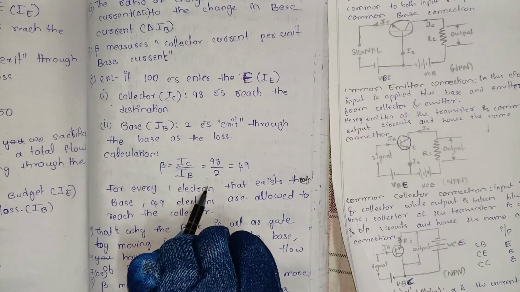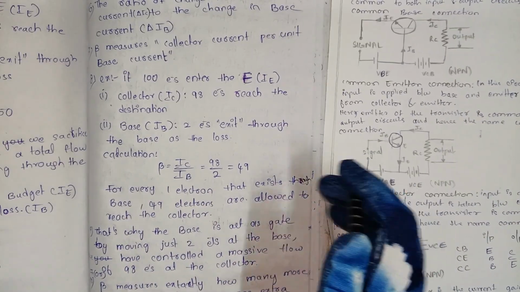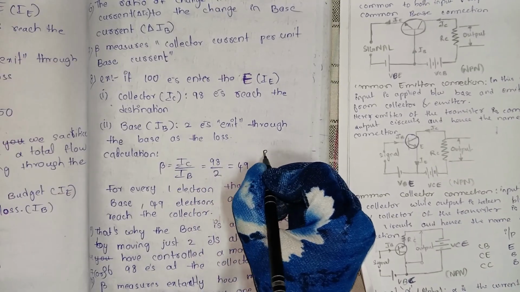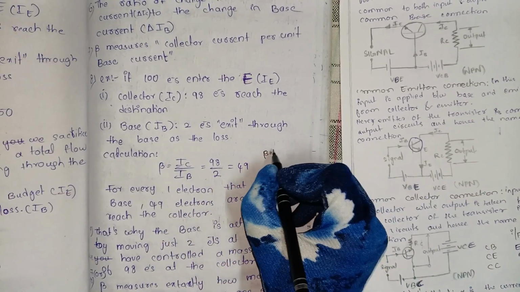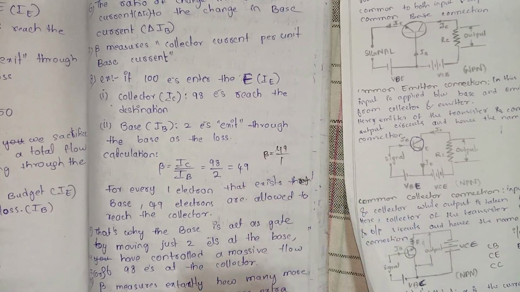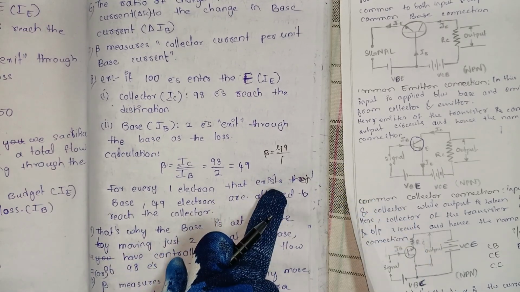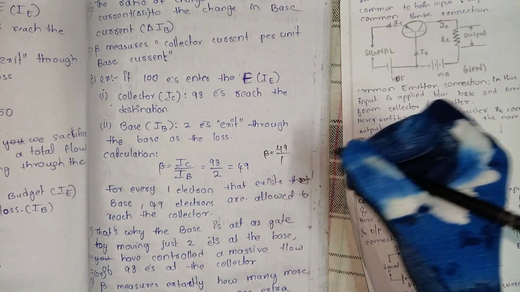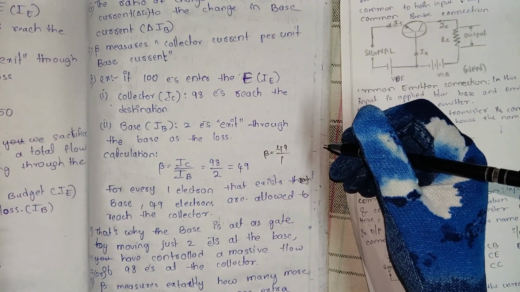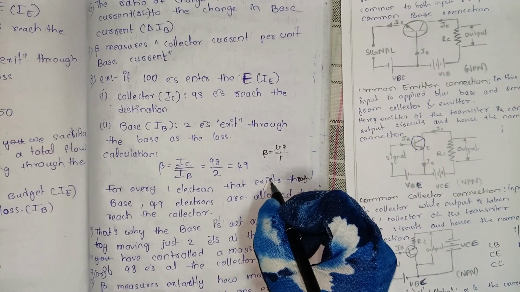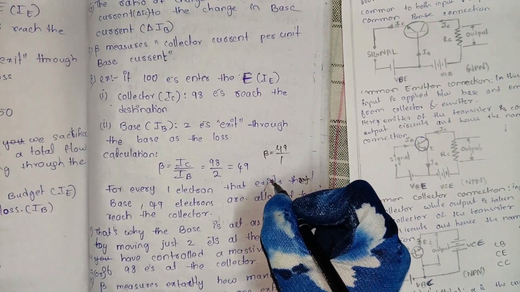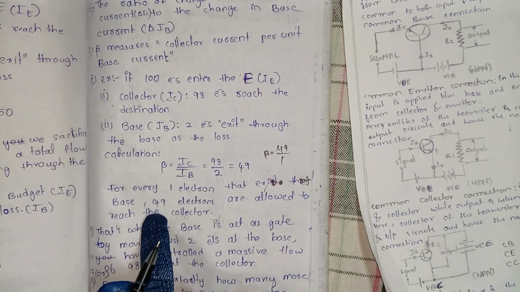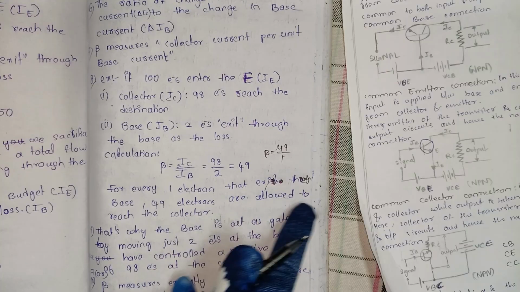For every one electron, we can write 98 by 2, and for this statement we can write 49 by 1, meaning for every one electron that exits through the base, 49 electrons are allowed to reach the collector.